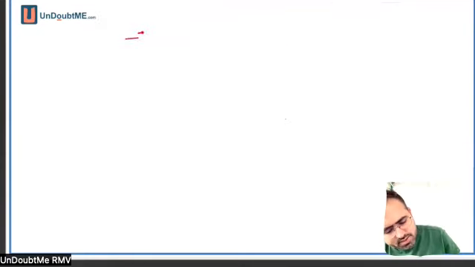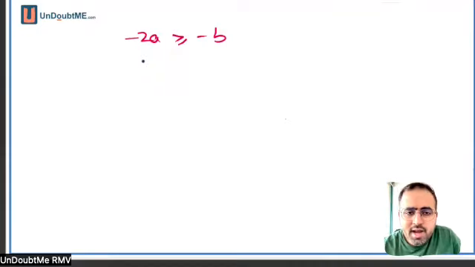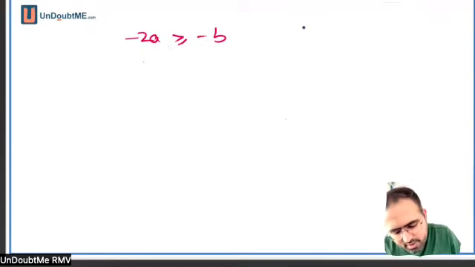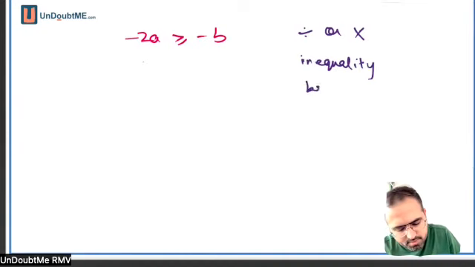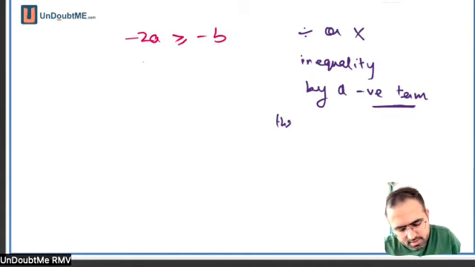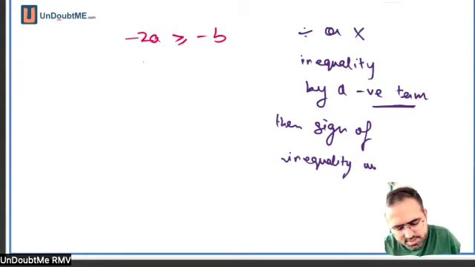Negative 2a is greater than or equal to negative b. Whenever I am dividing or multiplying the inequality by a negative term or negative number, the sign of inequality will change.